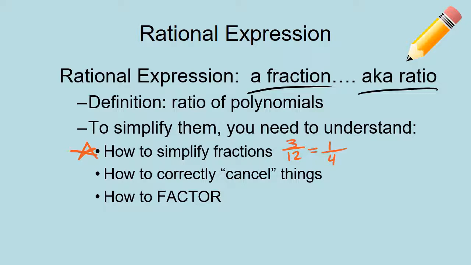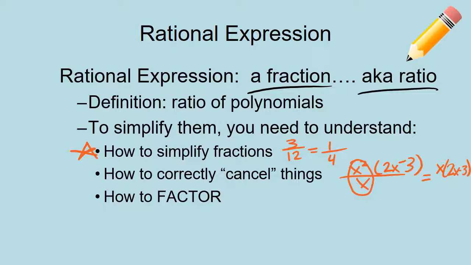Second, cancel things. What that means is if I have an x squared over an x, and let's say I have a 2x minus 3 as a factor, I can cancel part of this. Now I put cancel in quotes because it doesn't really cancel, it just equals 1. But in the end, we're reducing that value down.